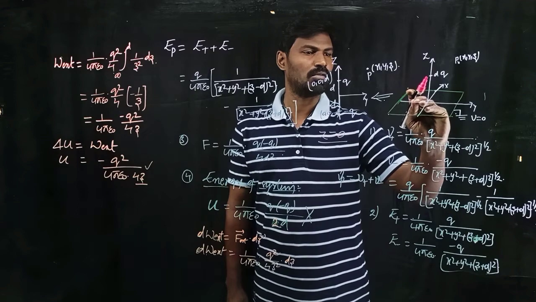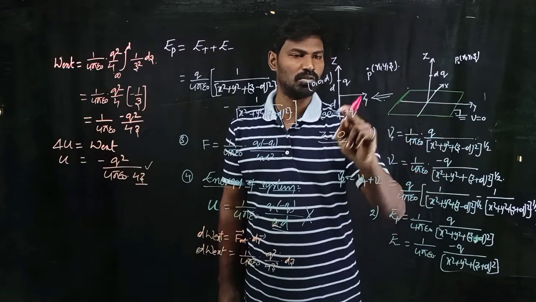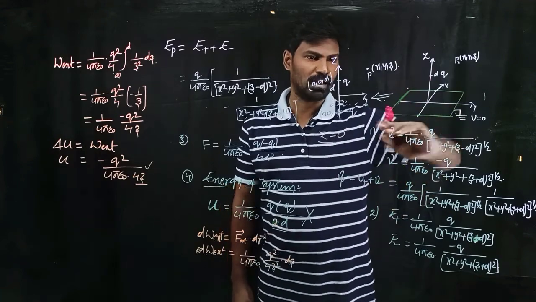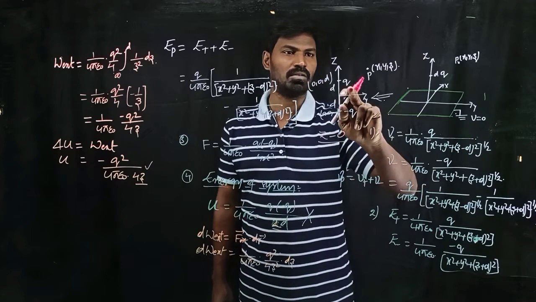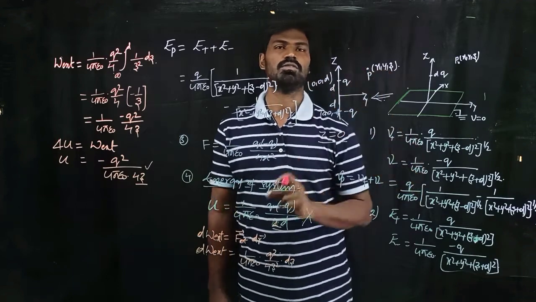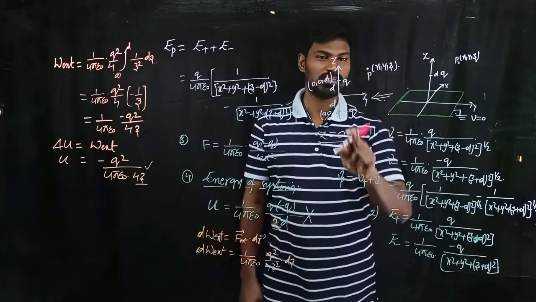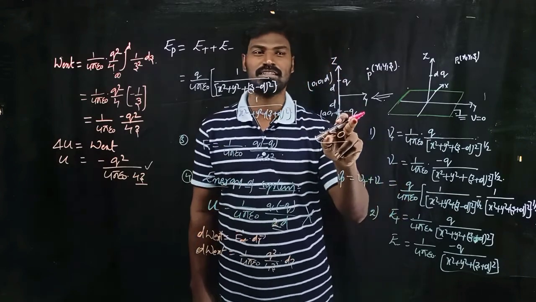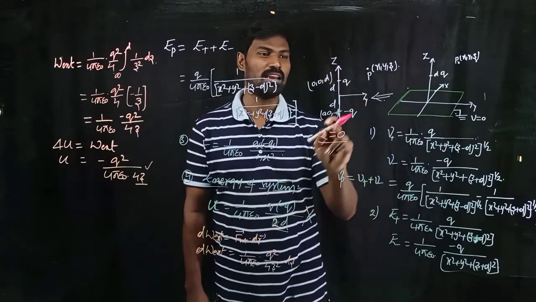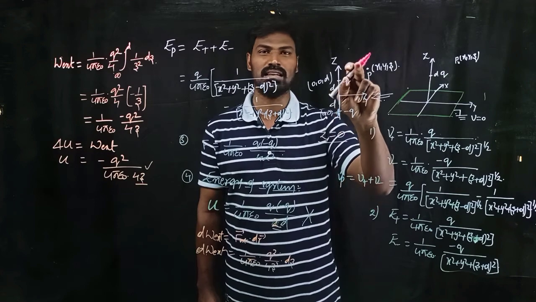There is no contribution from the charge which is below this plane, or this image charge, to the energy about this plane. Why? Because this image charge is not a real charge. It is an imaginary charge. An imaginary charge cannot produce a real field.